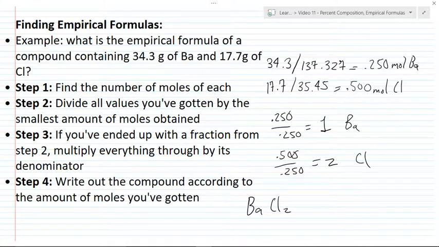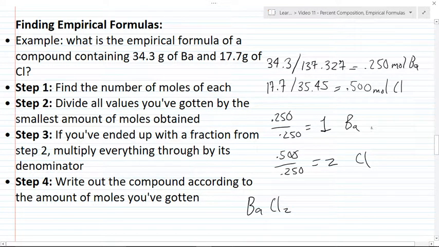So what you first have to do is find the number of moles of each. So we want to find the number of moles of barium and moles of chlorine. Then we're going to divide all the values you've gotten by the smallest amount of moles obtained. So I got 0.250 and 0.500. So I'm dividing everything by my smallest value, 0.250. And so this just comes out to 1 and 2.